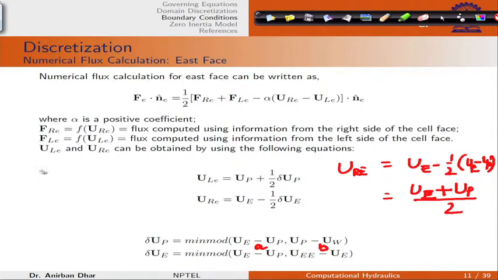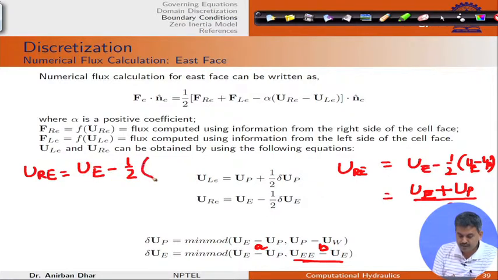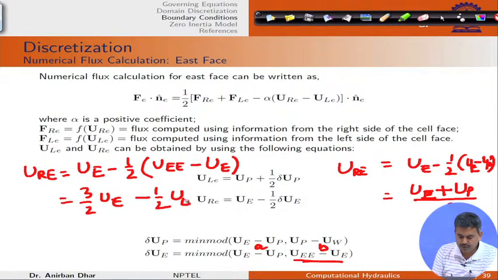From the right side again, the second quantity is u_E minus half of u_EE minus u_E. So, this is again 3 by 2 u_E minus half u_EE.